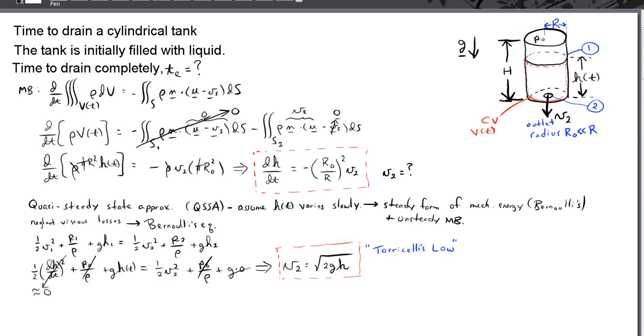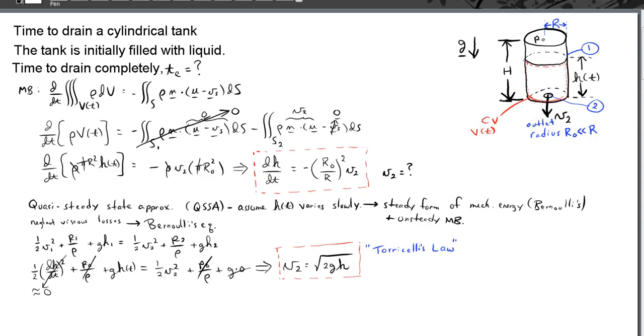We're saying the kinetic energy per volume, 1/2 rho v squared, is equal to rho gh, the potential energy of the liquid in the container. Setting those two things equal and just taking the square root, we find that V2 is equal to the square root of 2gh. So in the absence of viscous effects, we have the perfect interconversion of potential and kinetic energy. And that's what's known as Torricelli's law.